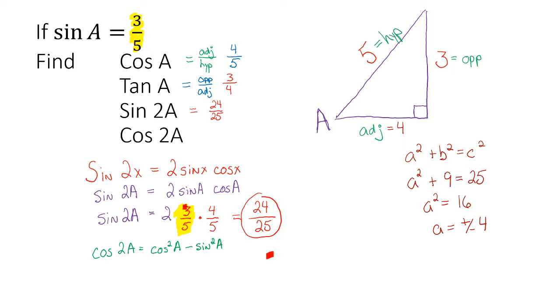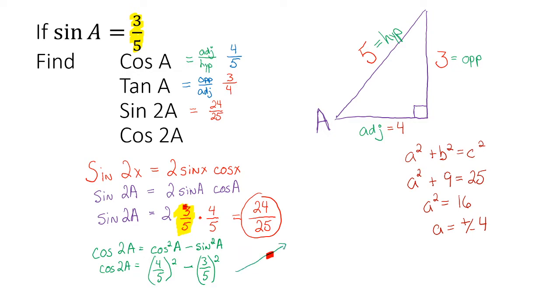Again, every single one of those formulas would work. The cosine of a is 4 over 5, but then we're going to square it. Minus the sine of a, which is 3 over 5, but we're going to square it.